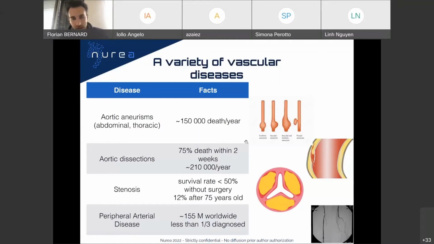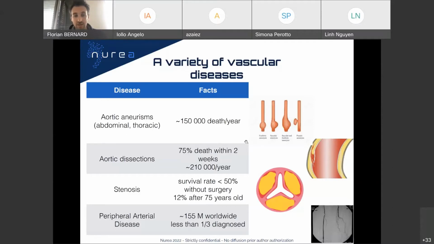You usually find aneurysms in the aorta, or in the brain. The other kind of disease is stenosis, which are occlusions of the vessels due to plaques, calcifications, cholesterol, and so on. Those are the two main diseases that we will face.